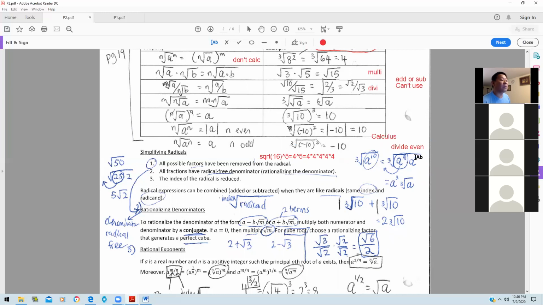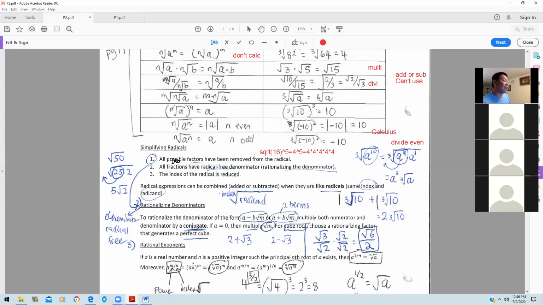Then you get a 1. The reason we get a 1 here is because when you add these two, 9 plus 1, you get 10. And this a^9 is a perfect cube, a^3, because 9 divided by 3 is 3. And then the a^1 still remains inside the radical. So this is how we simplify radicals with numbers and variables.